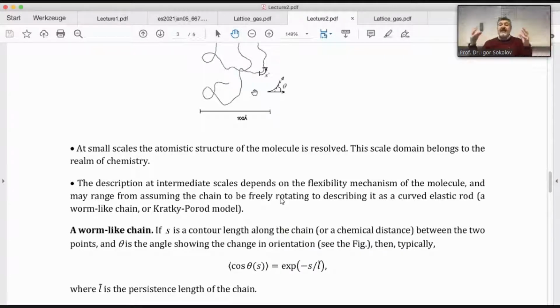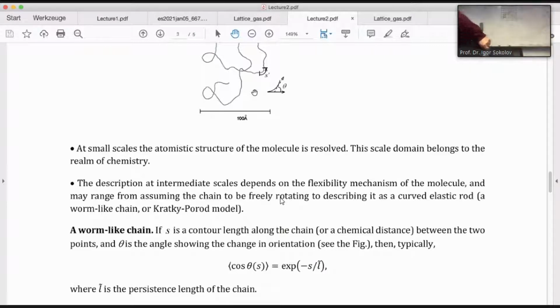Or you have something like this. Look at the DNA, which is a very bulky object. It is a double helix with relatively strong bonds between the two spirals. And moreover, it's strongly charged, which means that there is a Coulomb repulsion between different parts. So it's essentially a stick.